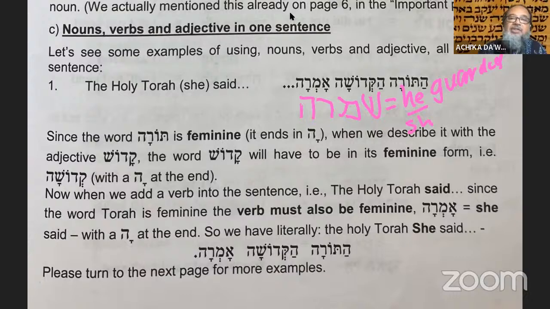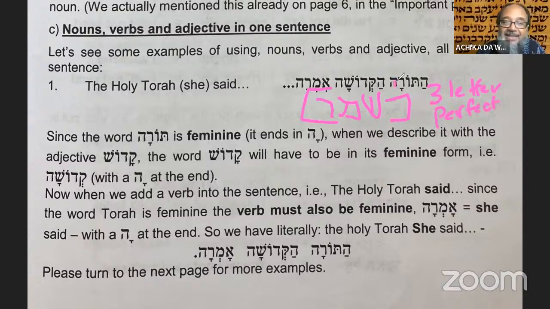See? Any three letter root, and I'll keep saying it over and over again, so don't worry about it. Any three letter root that's by itself, 3 letters, with nothing added to the front and nothing added to the back is perfect. And all because I changed it from a masculine to a feminine by putting a hey on it, I did not change the tense.